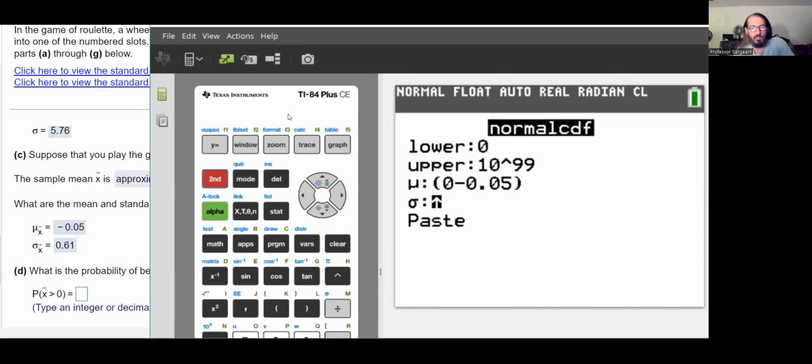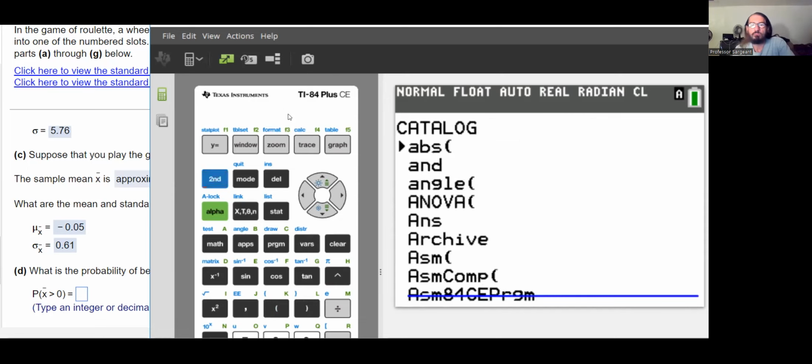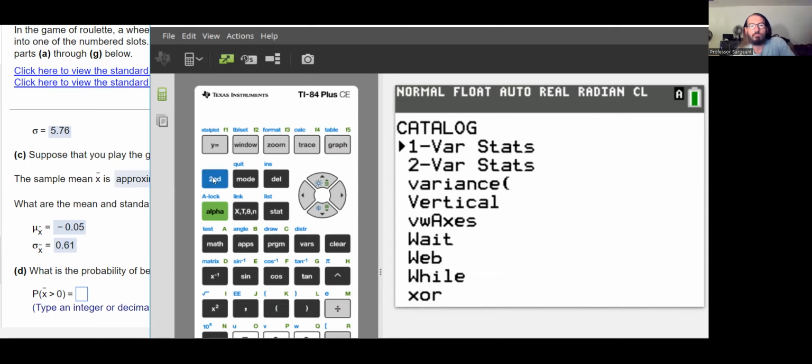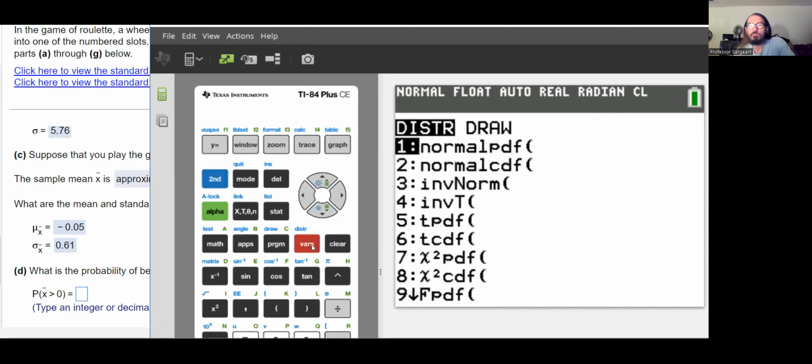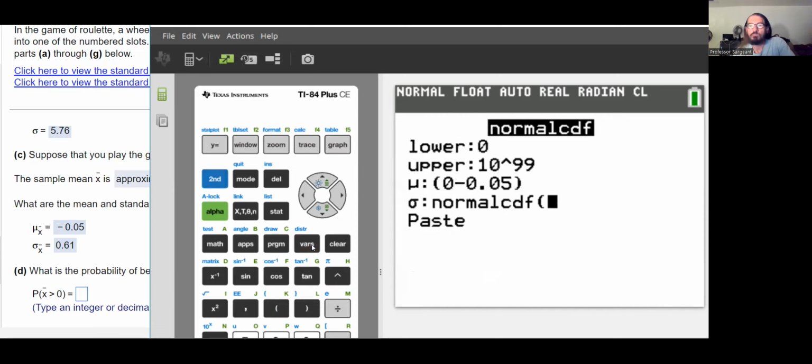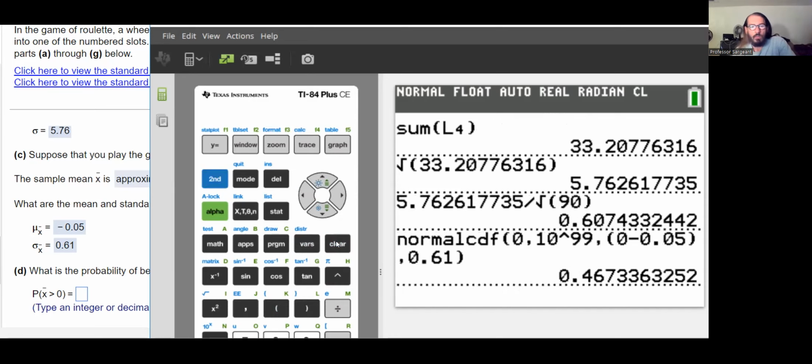Okay, can't get to it. 0.61 then. Oops. Clear that out. 0.61. Hopefully it'll be okay to use the rounded version. Not even 50% of the time. 0.5.